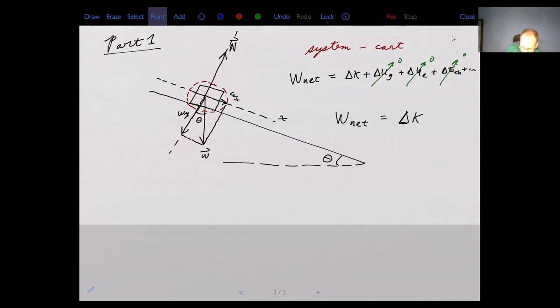So the only piece that's left is the x component of the weight that's accelerating the cart down the air track. So the net force is simply equal to the x component of the weight. And we know that this cart is undergoing a displacement down the air track. In fact, you can call this delta x now, instead of delta r.